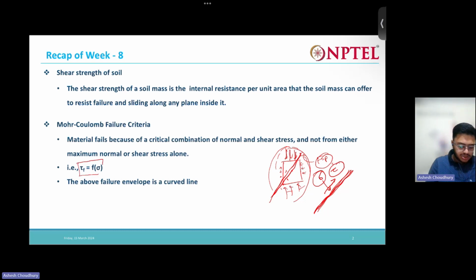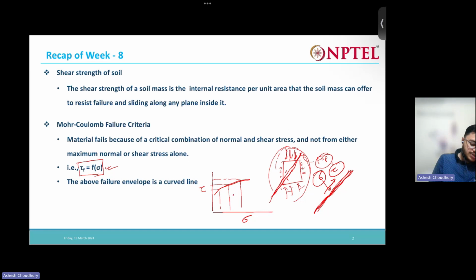The failure shear stress is nothing but a function of normal stress. This is what gives us the failure envelope. If I plot shear stress and normal stress like this, you will get a failure envelope. Along all these values the soil is going to fail.